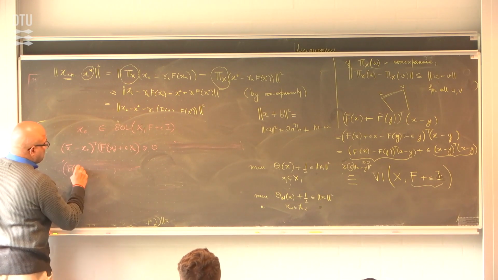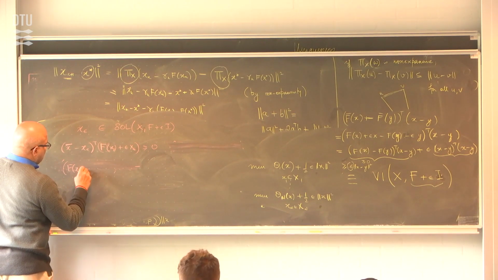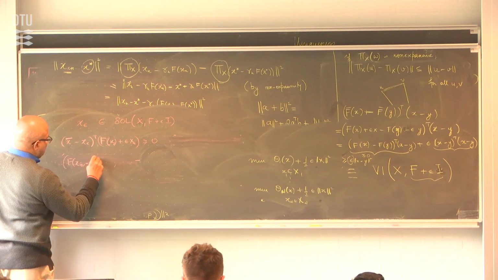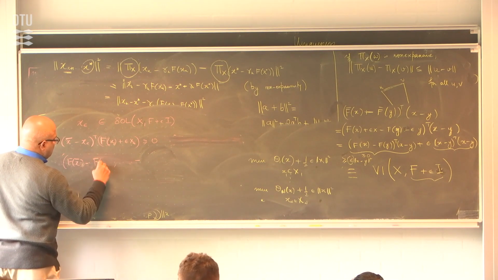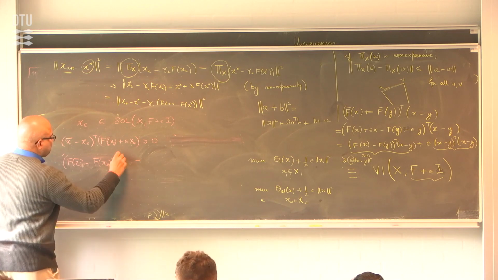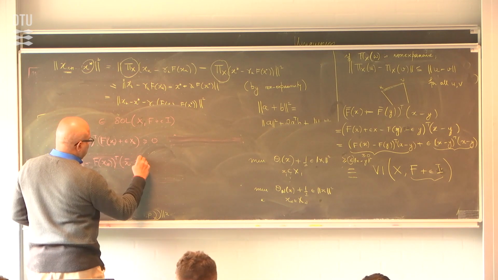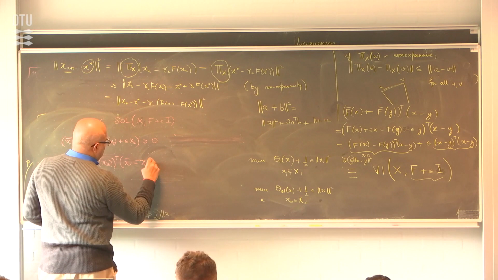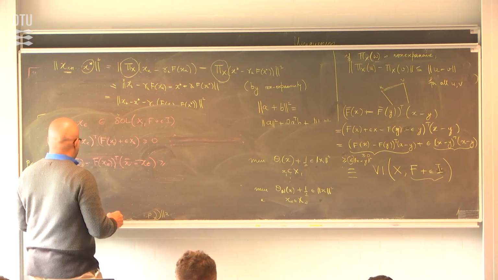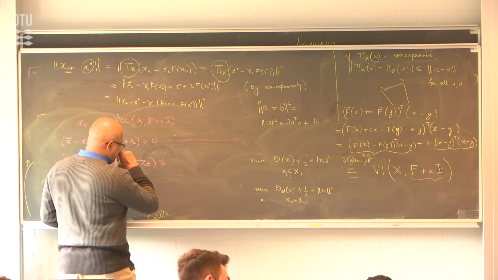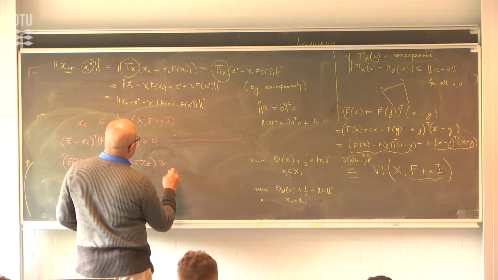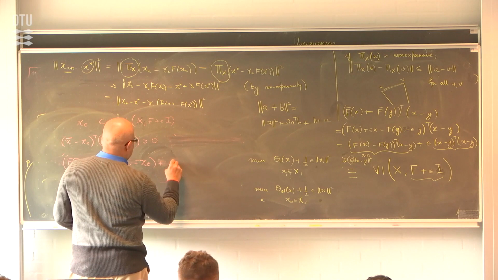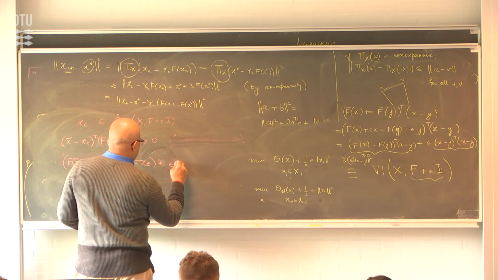F of x epsilon minus f of x bar minus f of x epsilon is greater than, plus this is plus epsilon.